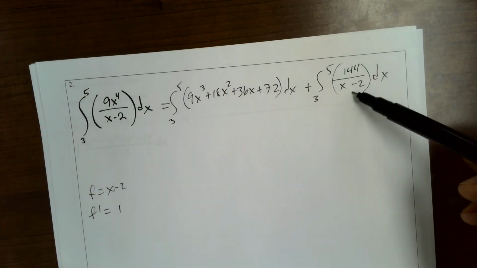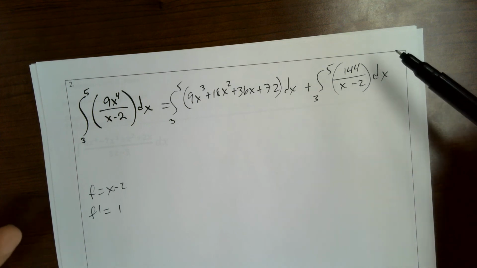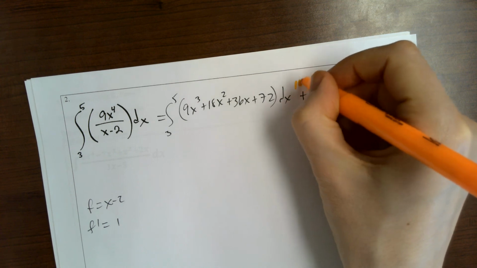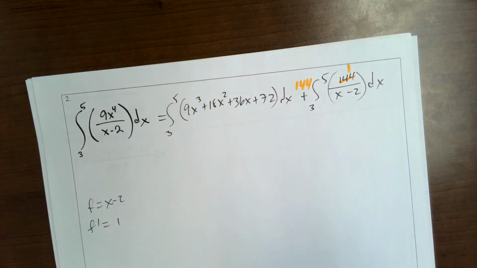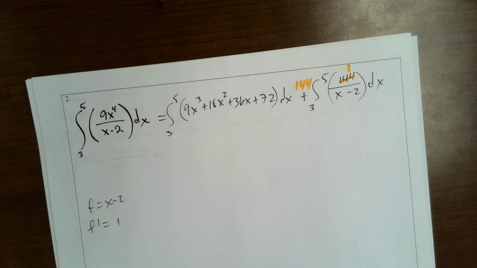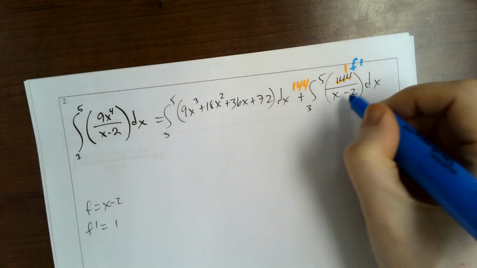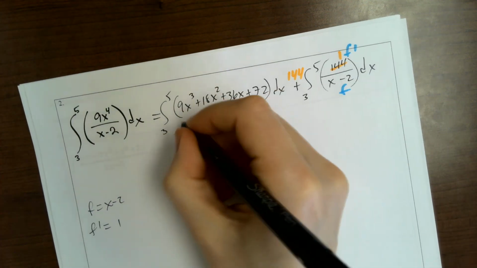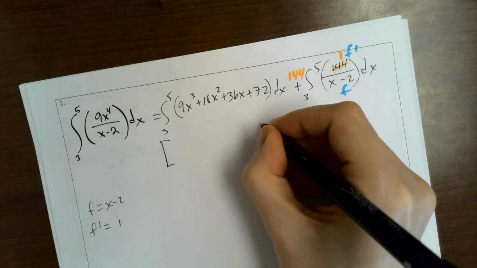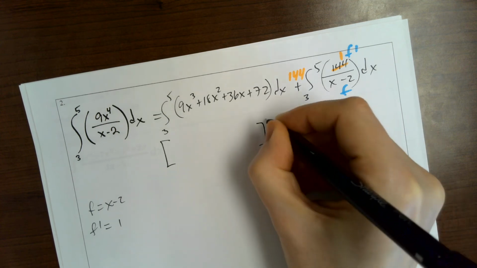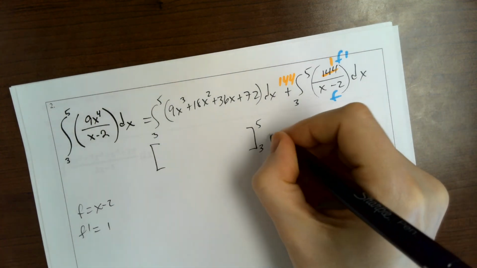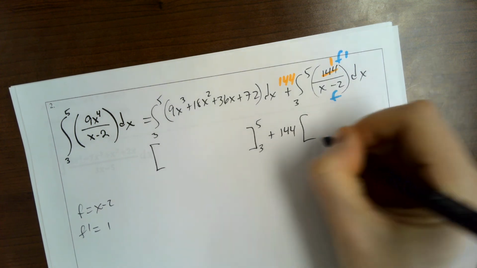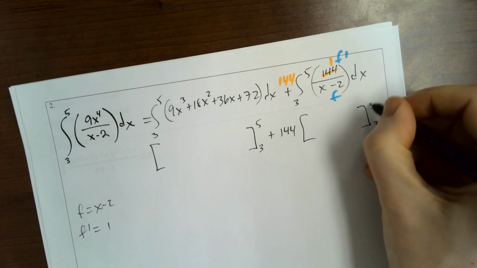So in order to have f prime over f, I just have to pull the 144 out front. All right, so then that's a 1. So then I do have f prime over f. So I do the brackets, 3, 5, plus, I'll bring down the 144, brackets, 3, 5.